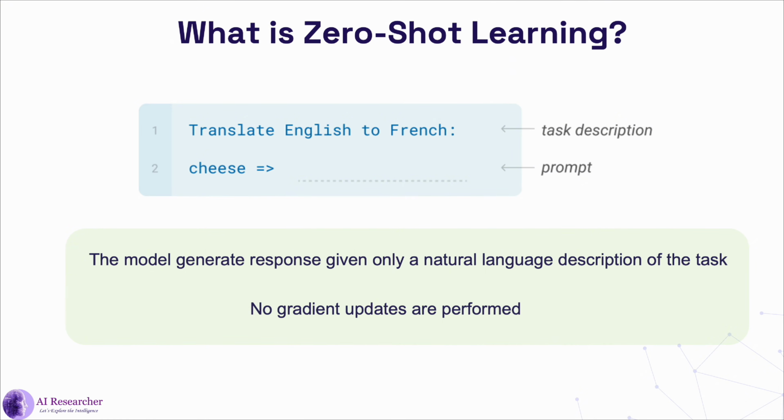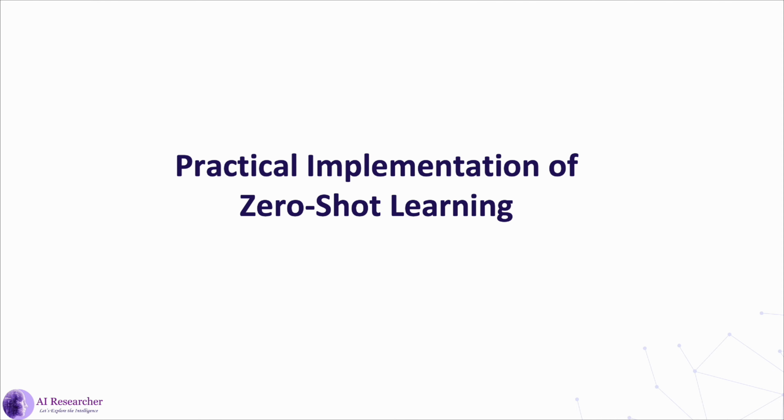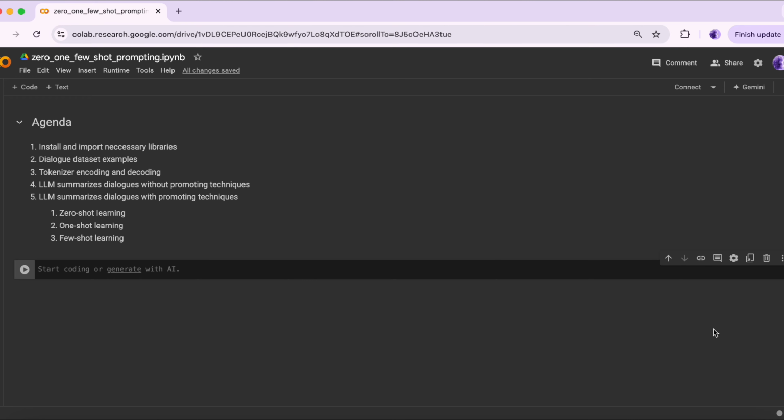Now we will see the method's implementation. We are going to use Google Colab for it, so let me open Google Colab. In this notebook, I will walk you through installing libraries, loading dialog datasets, encoding and decoding tokens, and summarizing dialogues using a large language model. The same notebook we will be using for the implementation of one-shot and few shot learning methods also.